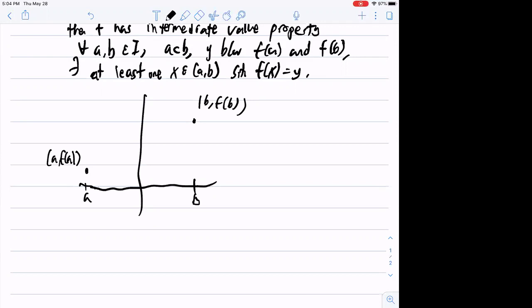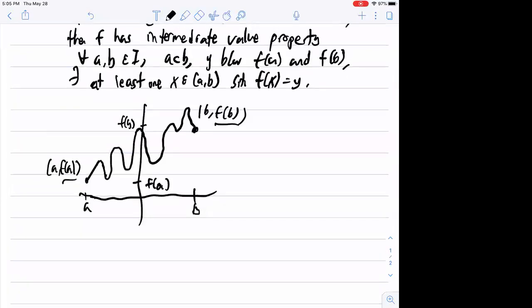If you draw any continuous function, it could be as crazy as you like. What IVT says is you have to get every value between f of a and f of b. So this is f of a, this is f of b. You see, you get every value in between right here. That's pretty much what IVT says.